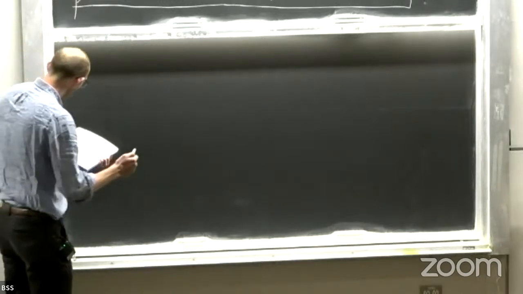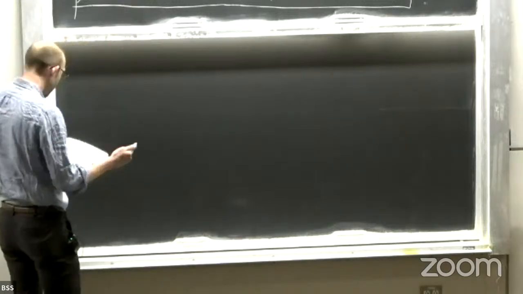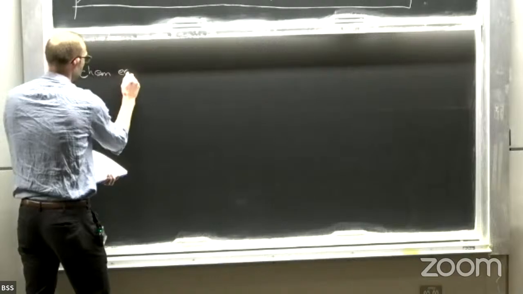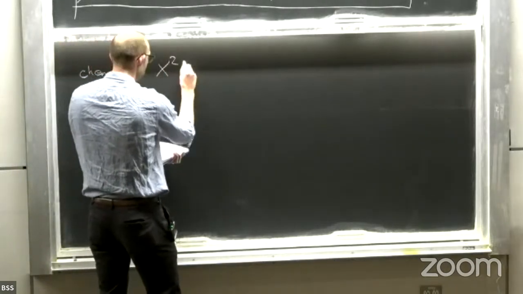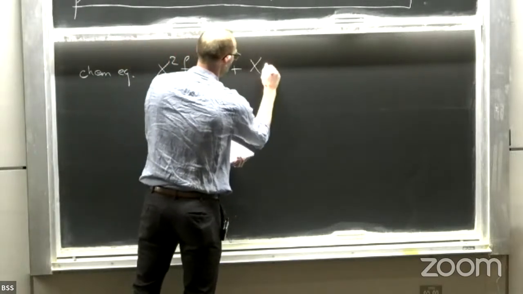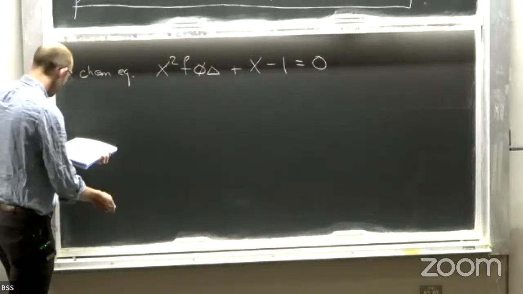Okay, so the first thing we should do is solve the chemical equilibrium equation, right? So in this case, chemical equilibrium equation says we have this quadratic equation, right?